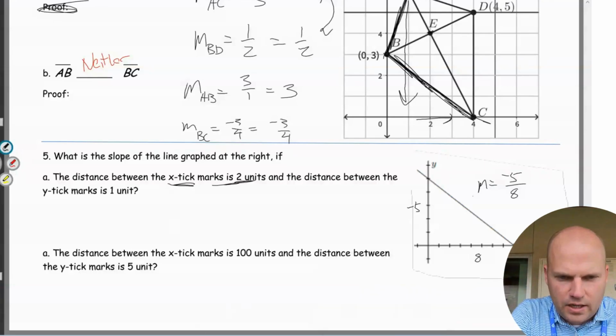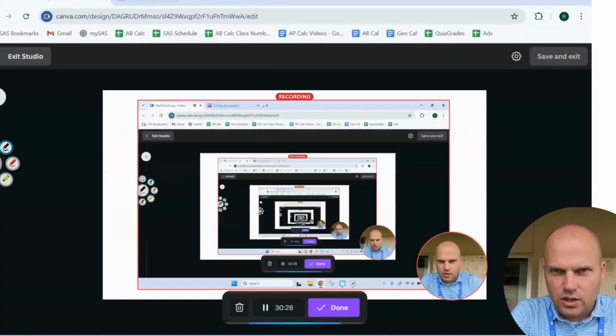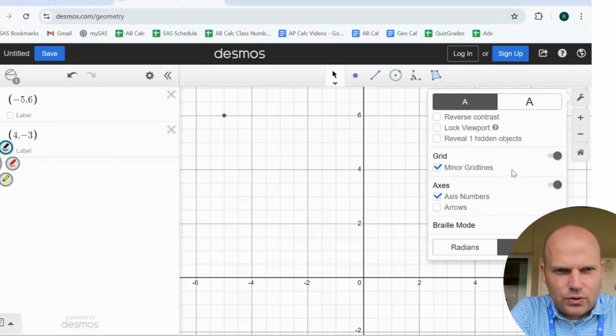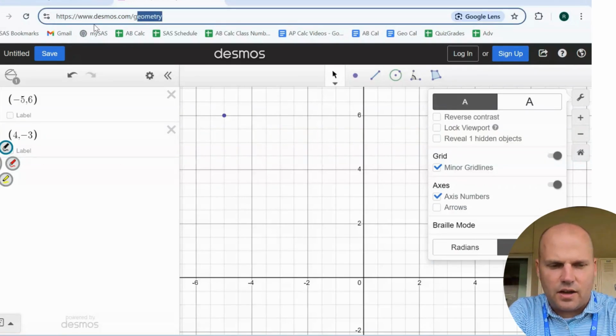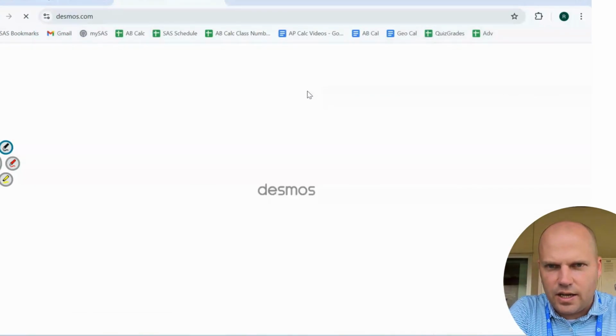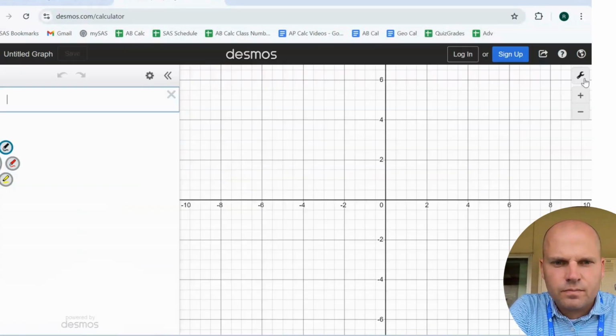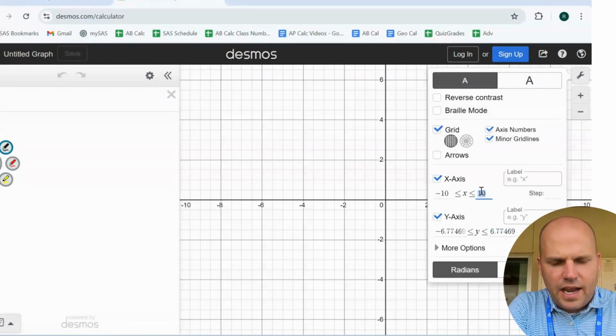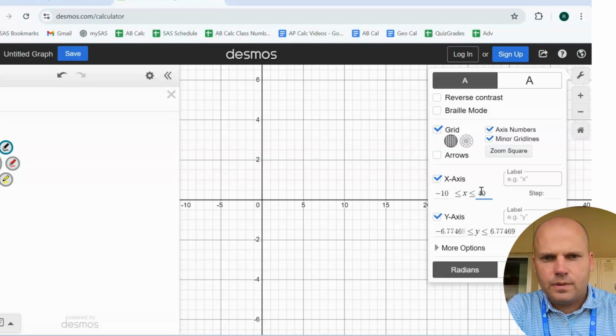We can change things very easily so that it's not scaled the way you think it should be. For example, let me just go to the calculator because I can change my axes a lot easier. I can say, let's go from -10 to 40.